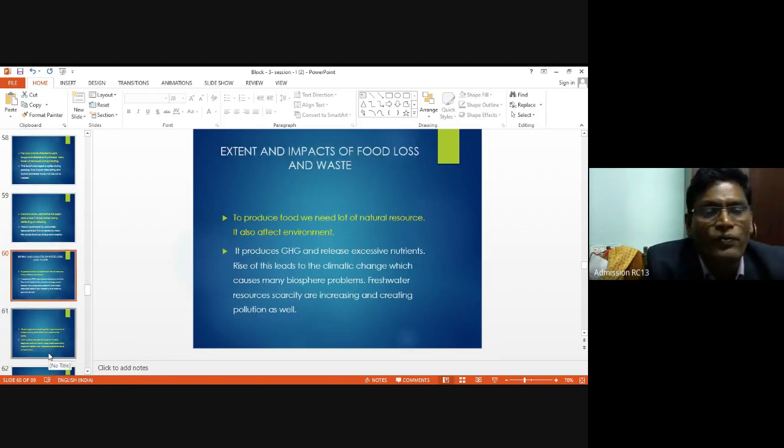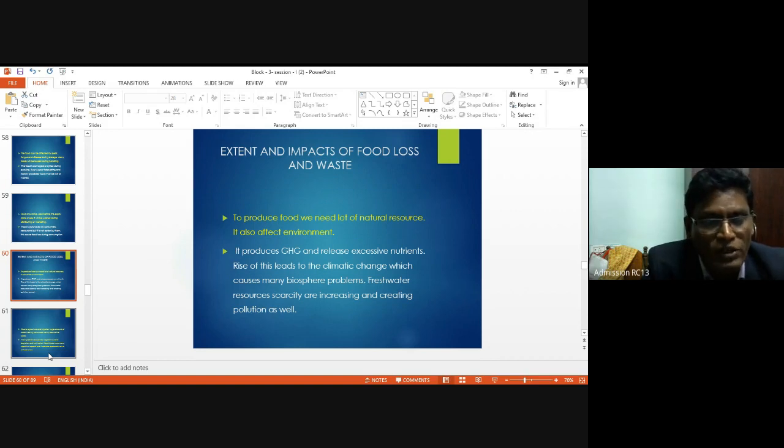To produce food, we need a lot of natural resources, and it also affects the environment. Looking at the losses and the quantity of losses across the globe, food production requires a lot of natural resources. It requires water and nutrients, such as phosphate, potassium, and nitrogen.